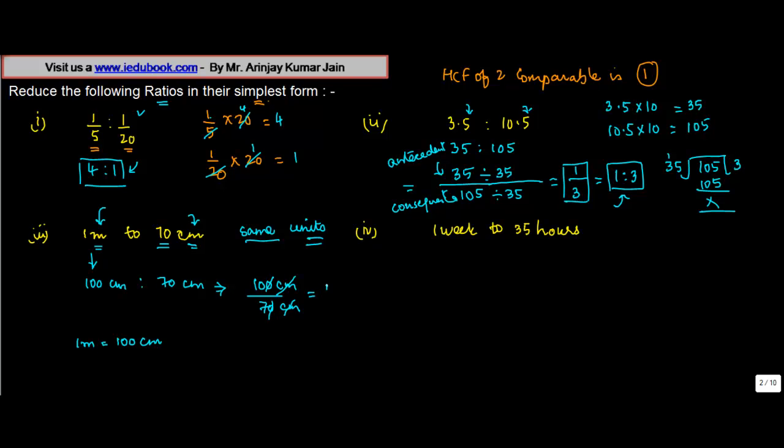So we get 10 upon 7, or 10 is to 7. I did this knocking off myself. Otherwise, what you can also do is, just like we did here, you can divide both the antecedent and the consequent, or let's say the numerator and the denominator, by 10. So you get 10 is to 7.